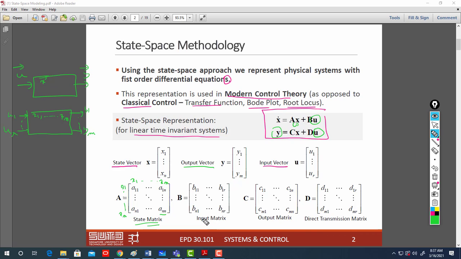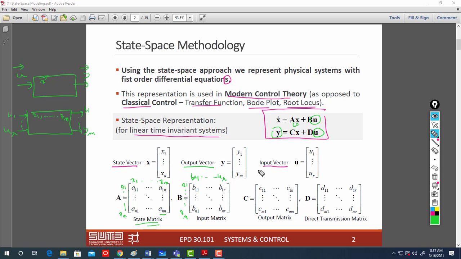This is the state matrix, this is the input matrix, and it is n by r, with x1 up to xn and u1 up to ur. So here you have u, here you have x, and here you have x, so n by n makes sense. Here you have x, and here you have r dimension, so then it is an n by r matrix. You cannot forget it. Once you put Bu, you know n and r.